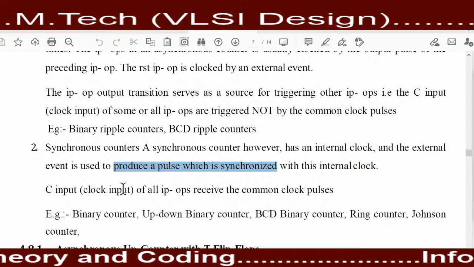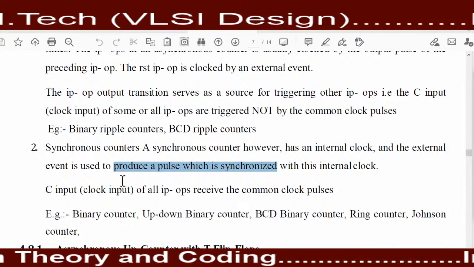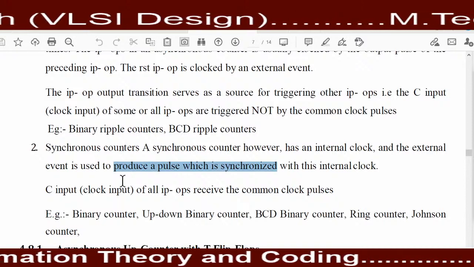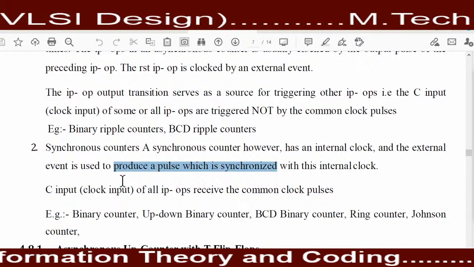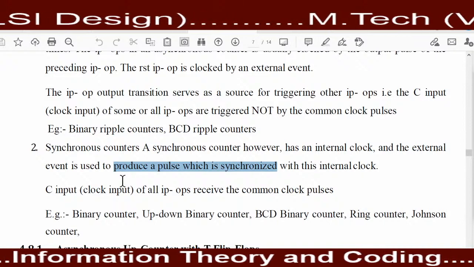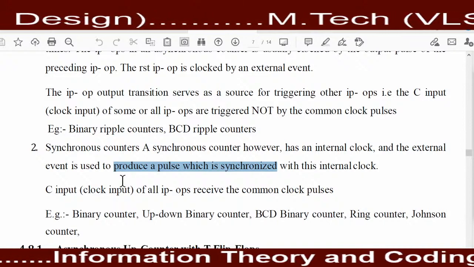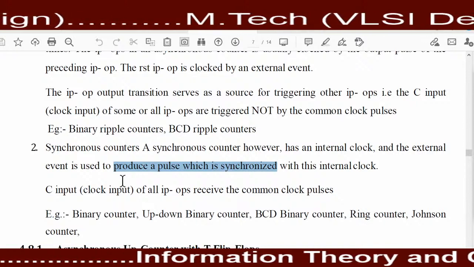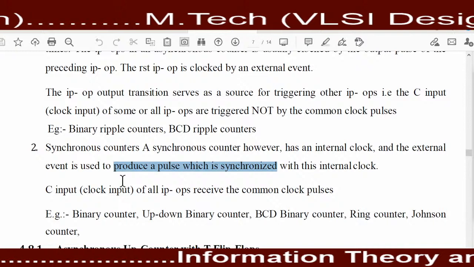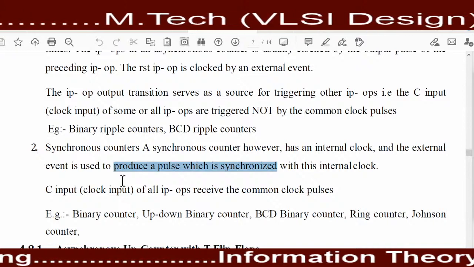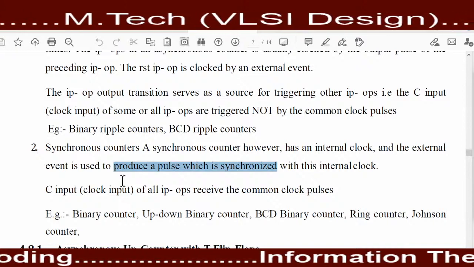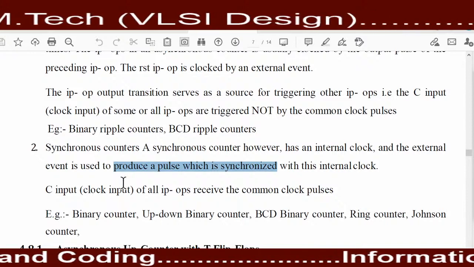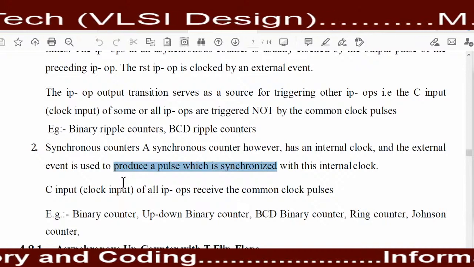Okay, so we can also divide counters into several types, such as up counter, down counter, binary counter, etc. If we divide counters on the basis of their counting sequence, then we can divide them into two parts. One is up counter and another one is down counter. If the counter counts the clock pulses in ascending order, then it is known as an up counter.